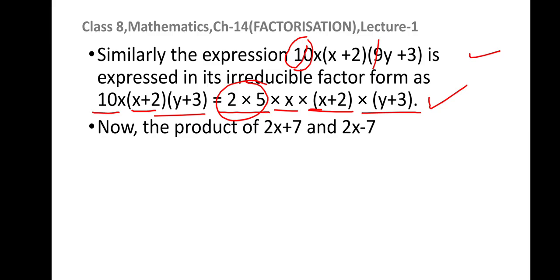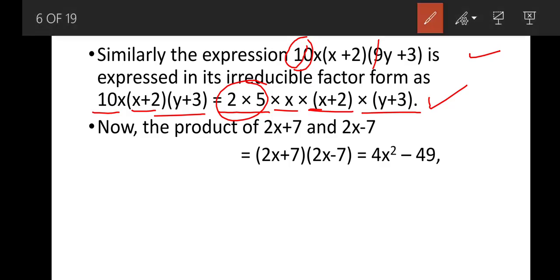Now the product of 2x plus 7 and 2x minus 7. If I need to find the product of these two, and I hope you all know how to find the product of two expressions. Here, if you observe 2x plus 7 into 2x minus 7, this is basically identity number 3, that is a square minus b square is equal to a plus b into a minus b.